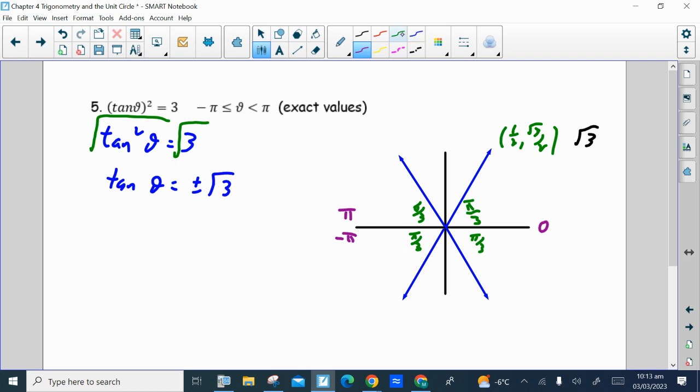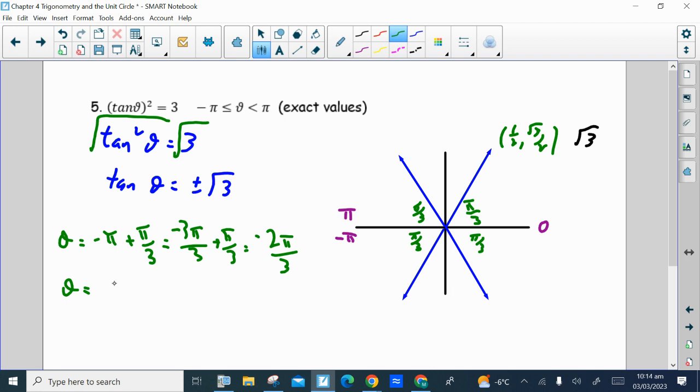So we get that first angle for theta by taking negative pi and adding pi on 3. To add those, we need a common denominator of 3, so negative pi would be negative 3 pi on 3, plus pi on 3, which is negative 2 pi on 3. So that's the first angle, the one in the third quadrant.